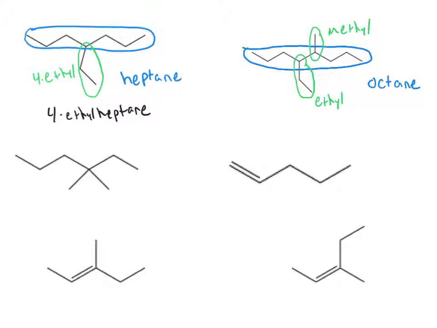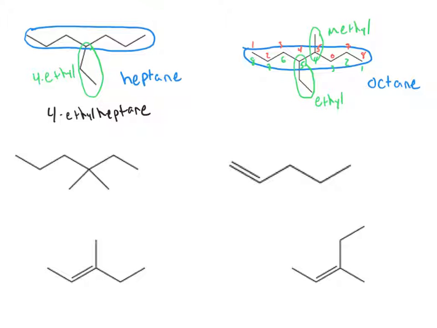If we start from the left, we have 1 through 8, and if we start our numbering from the right, we also have 1 through 8. And so if our numbering starts from the left, we have substituents at 4 and 5. If our numbering starts from the right, we also have substituents at 4 and 5.